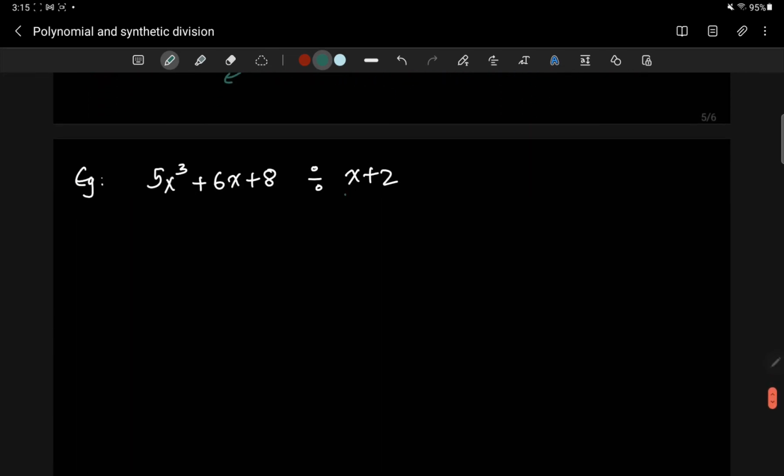Now in this case, what you have to be a little careful about is this is not x minus c, right? It's x plus c. So we just do a small step and we rewrite this as x minus negative 2, because an addition can be written as a subtraction.